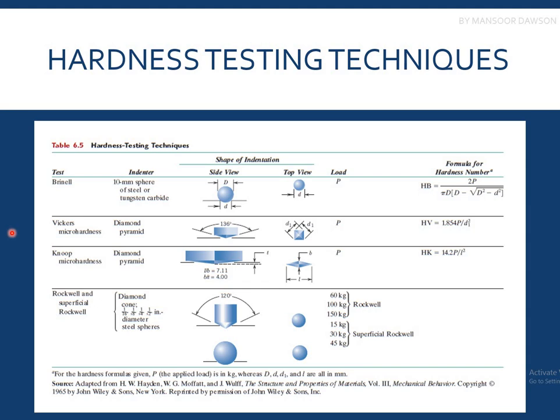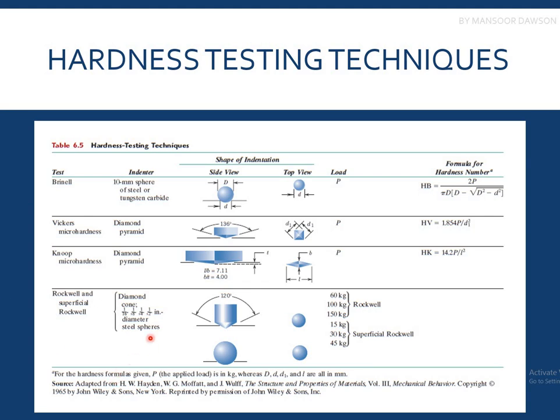So what we do is we have certain indenters. In the Brinell hardness tester we have a 10 millimeter sphere of steel or tungsten carbide. Okay, so it's a ball, or we can call it a sphere of tungsten carbide or steel. In Vickers microhardness we have a diamond pyramid shaped indenter, and in Knoop hardness we also have a diamond indenter with different dimensions, because the indent would be on a very low load, a very low force.